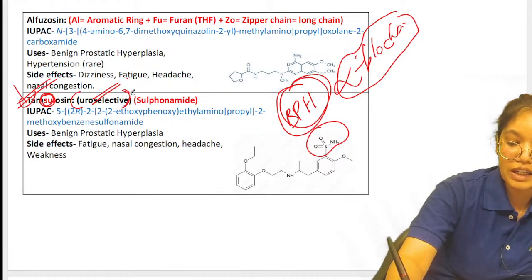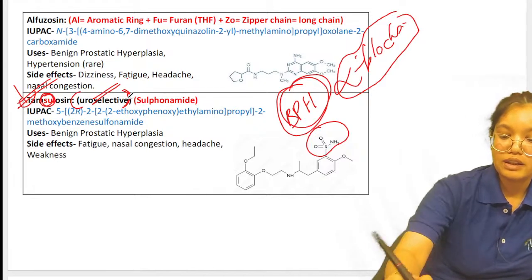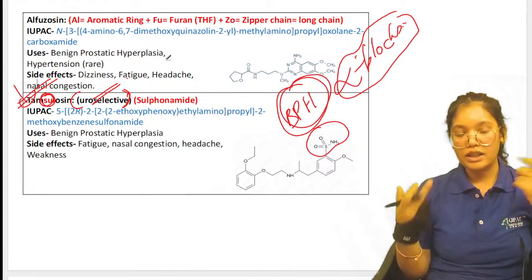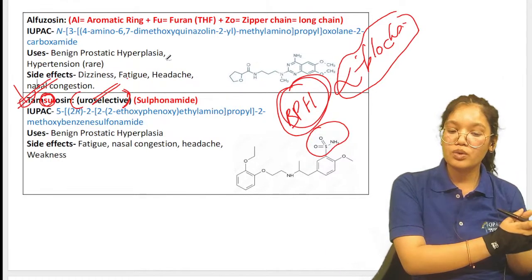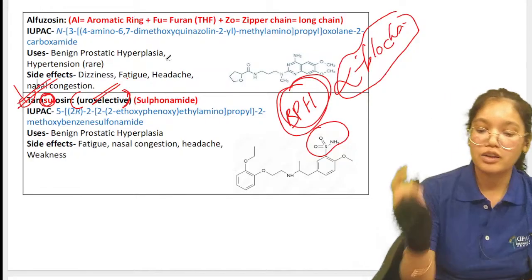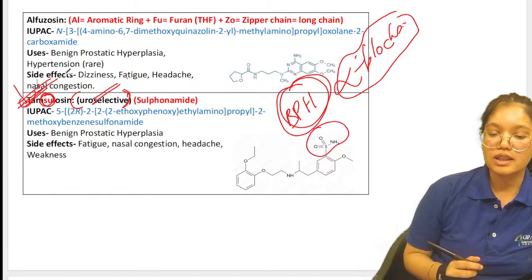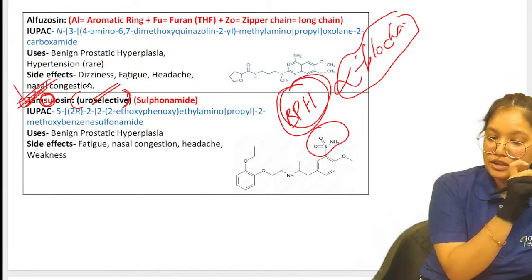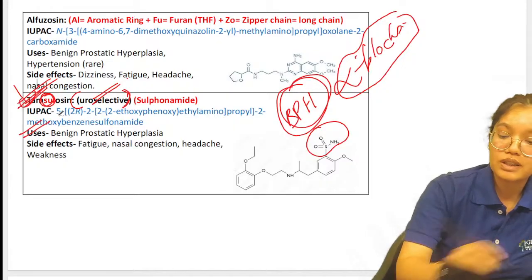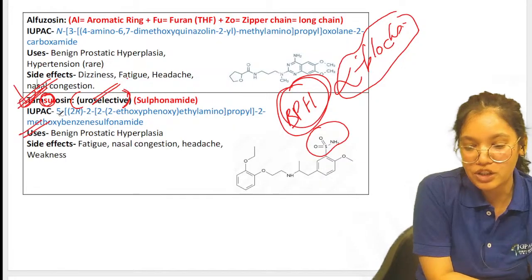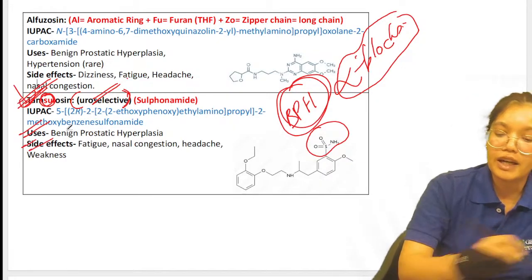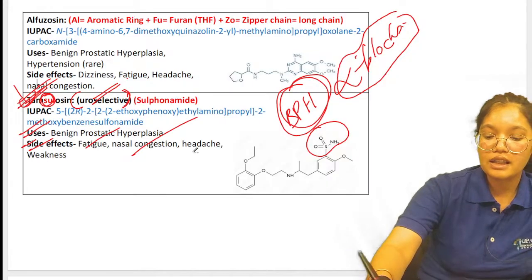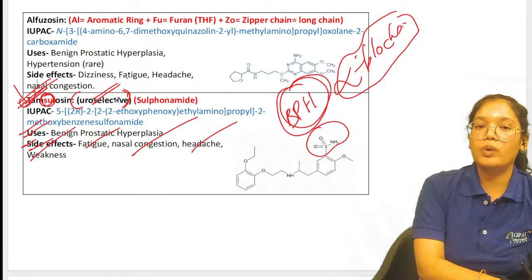Okay, and very useful in that particular disease. All other alpha blockers are also used, but first thing that we think of is tamsulosin. It is uroselective. Now uses is the benign prostatic hyperplasia. I already told you that. Then the side effects: fatigue, nasal congestion, headache and weakness.